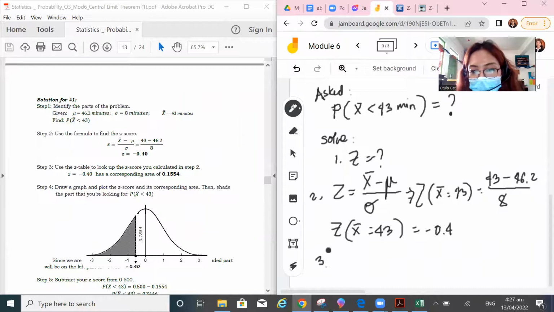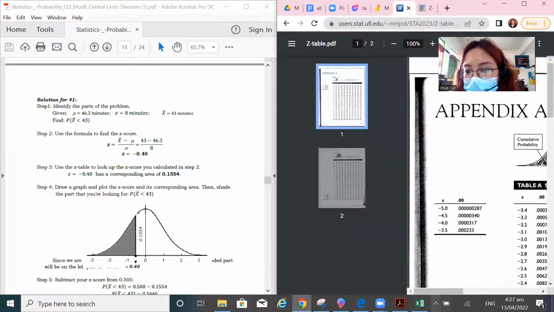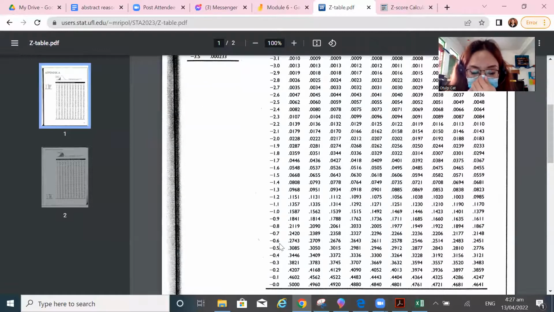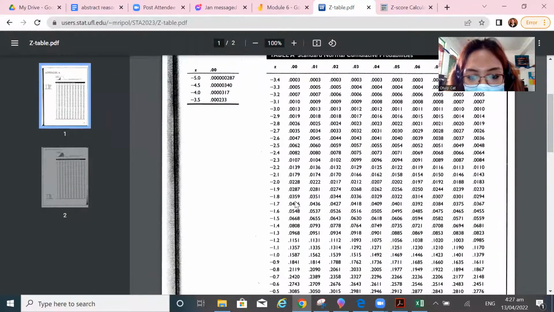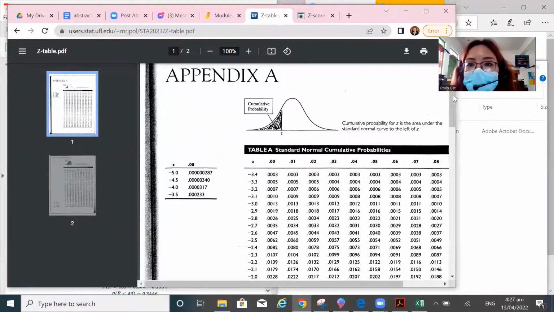Using the z-table, we are going to look up the z-score that we calculated. So what is the z-score? Negative 0.4, right? So the answer is 0.3446. Let's look at the module to check if this is correct.